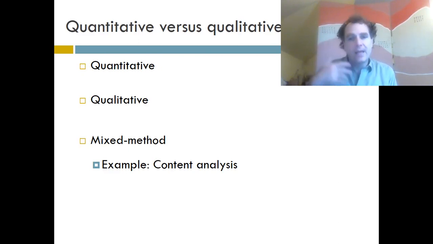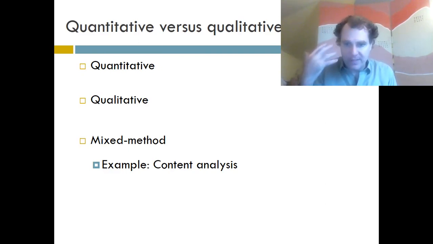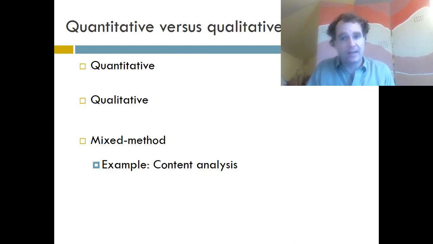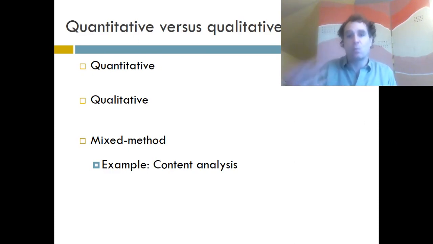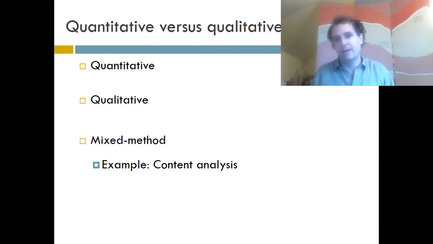But also we can really read all these magazines and come up with a rich description. We can examine it and really understand what these magazines are telling us in words. Don't just turn it into the numbers, but also see what the words are saying themselves. And so this mixed method design is coming at it from two different angles, quantitative and qualitative, and saying, well, you're covering all the ground.